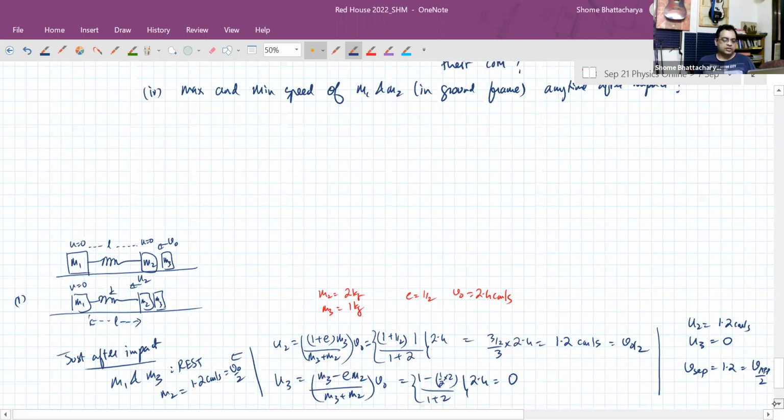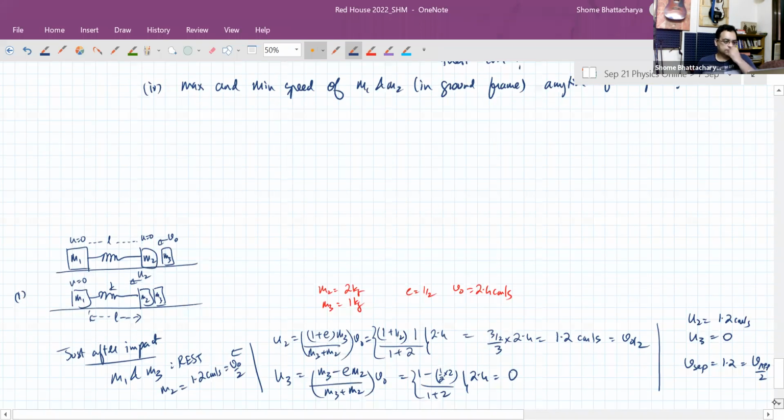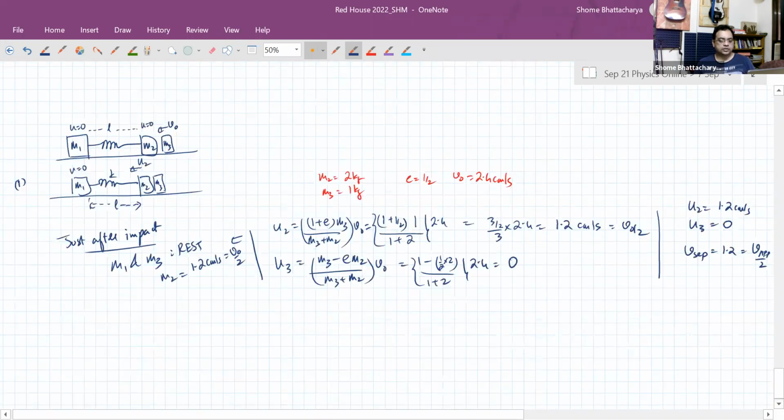From here on, we have to concentrate on the SHM of the two blocks.